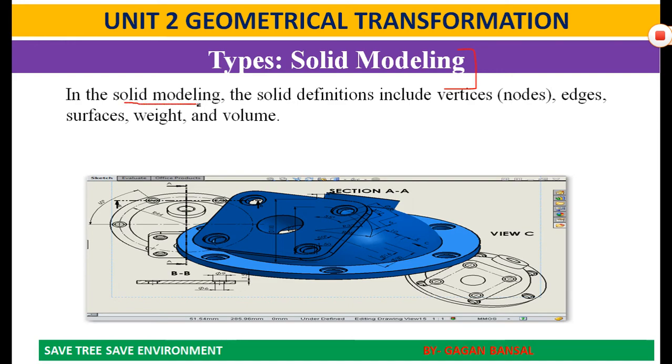In solid modeling, the solid definition includes vertices, nodes, edges, surfaces, weight and volume. That is, it is a three-dimensional solid definition of a model, so it covers almost everything related to the realistic object.